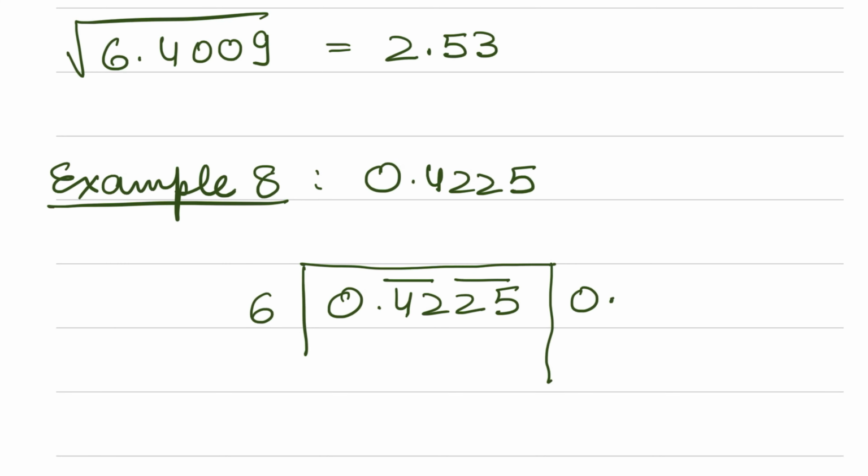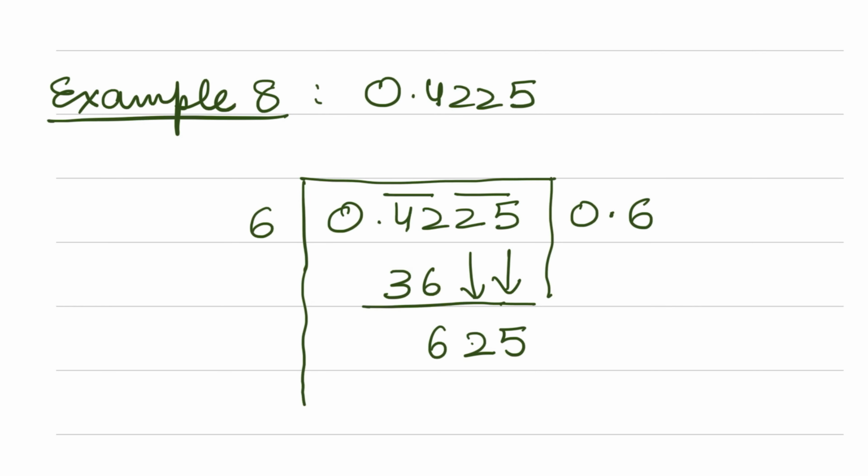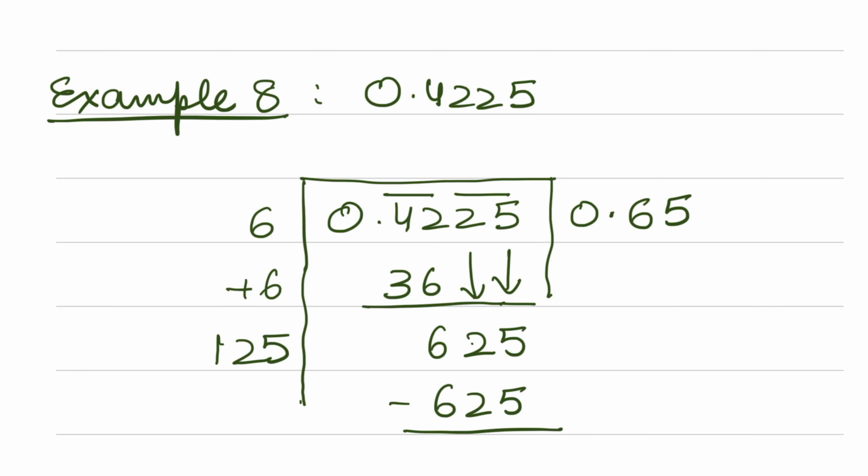So 6 times 6, 36. I get 6 and I'll take down these two digits. So 25. On the divisor side I'm going to add 6, so I get 12. Now I have to think for the units digit. So 5 times 5, 25. We had done 42.25 also in our previous example.